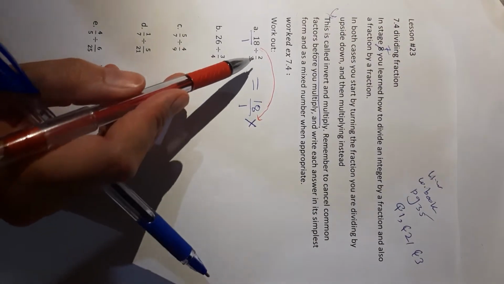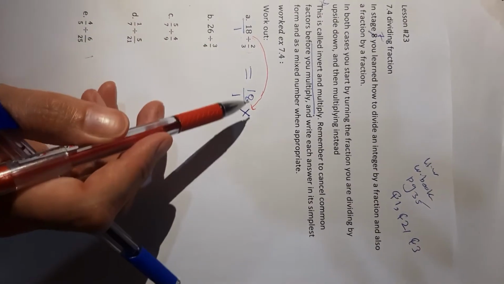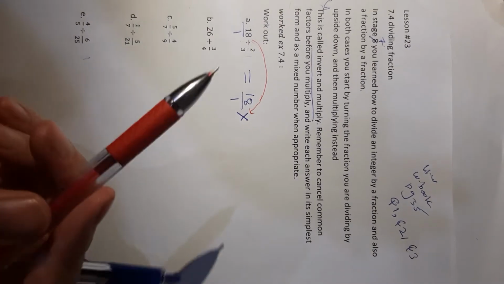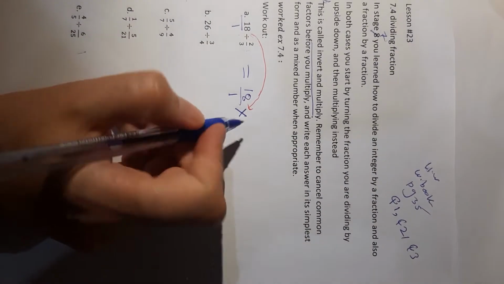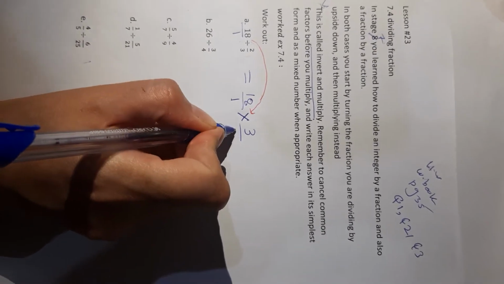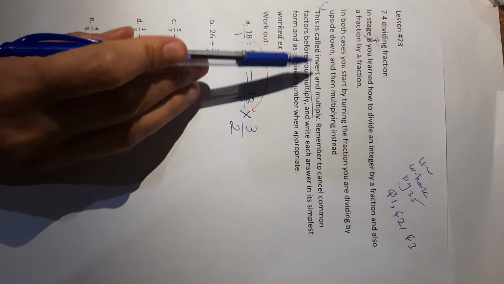Then the second fraction, rewrite it upside down. Flip 2/3: 2 over 3 becomes 3 over 2. Again, invert and multiply.